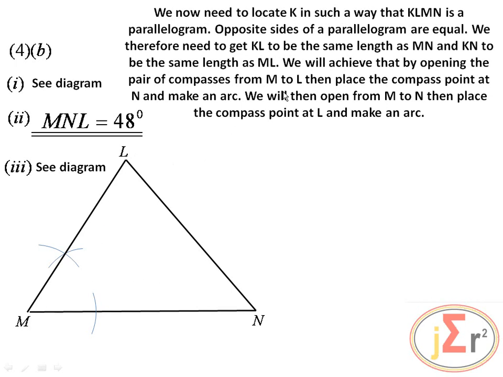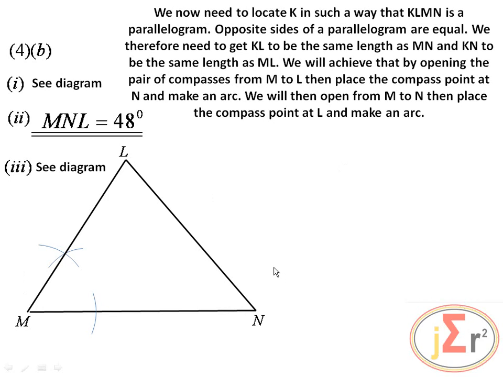Also, KN to be the same length as ML. So K down to N is equal to the same as L down to M, or M up to L. So this one is to be equal in length with this one, and this one is to be equal in length with this one, and that is the principle that we will use.